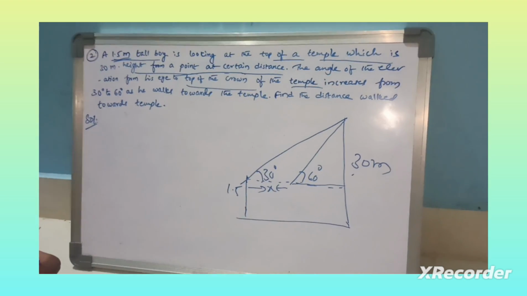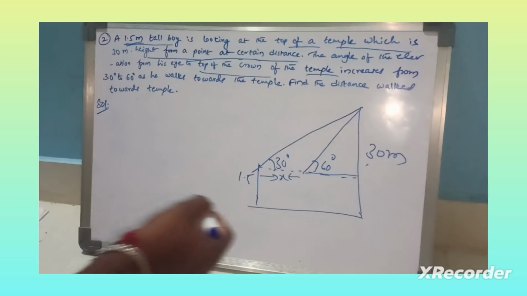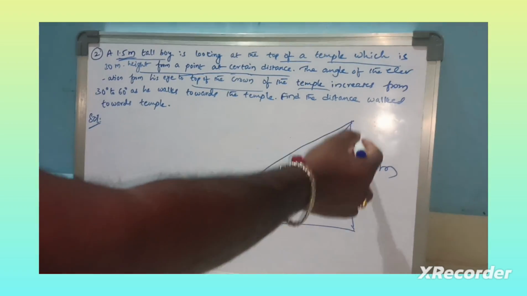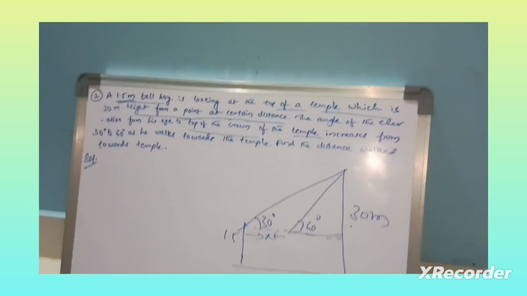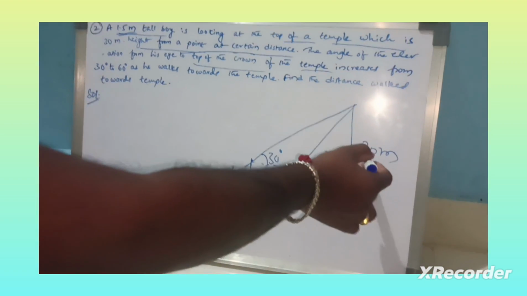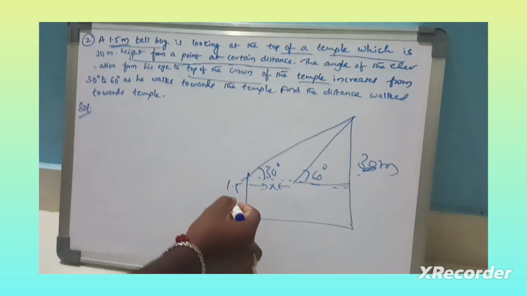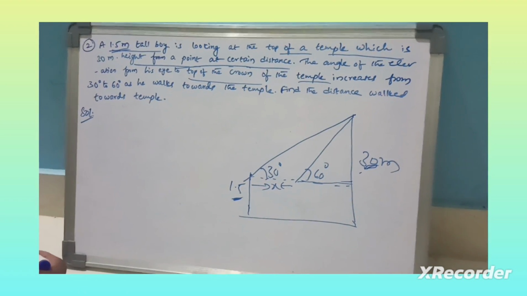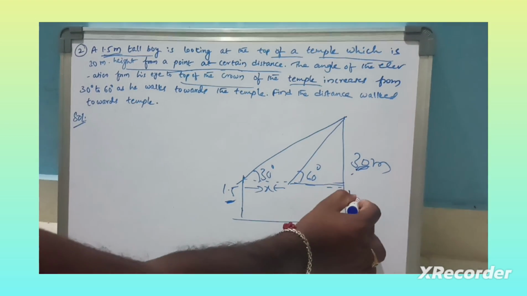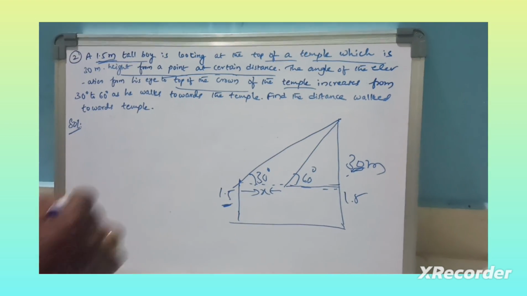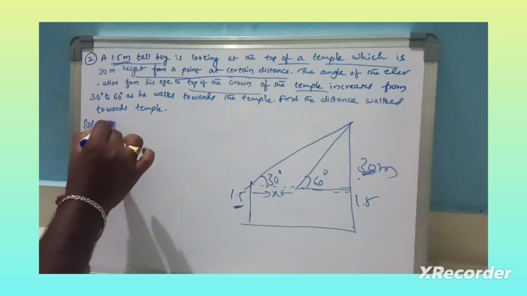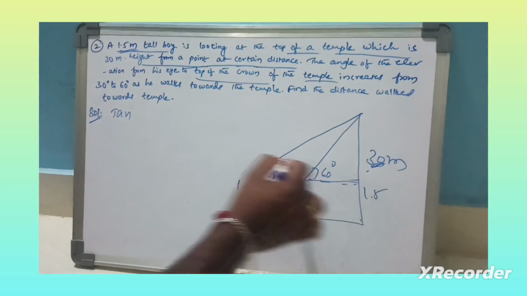okay, tan 60. Okay, if you wanted to apply the height of the tower, what happens? Height of the tower will be 30 minus this man's height. Correct? This is 1.5, right? Okay, so I'm applying tan 60 from this first triangle.